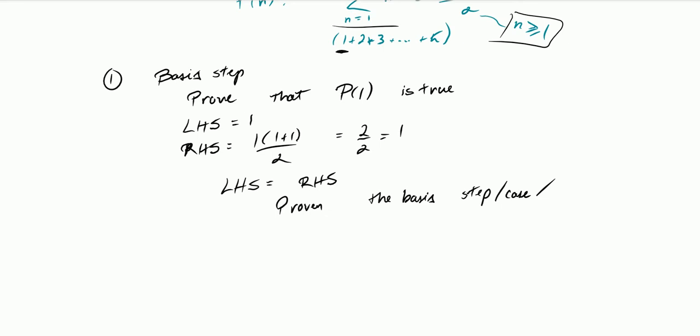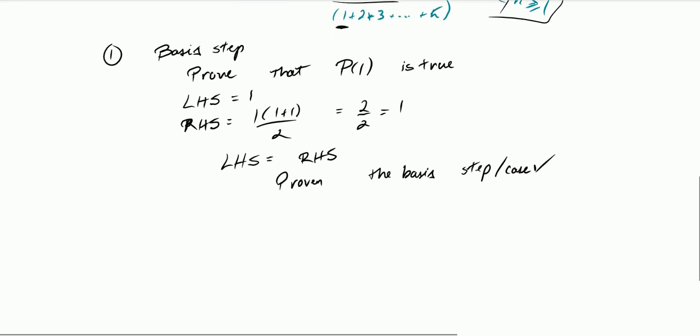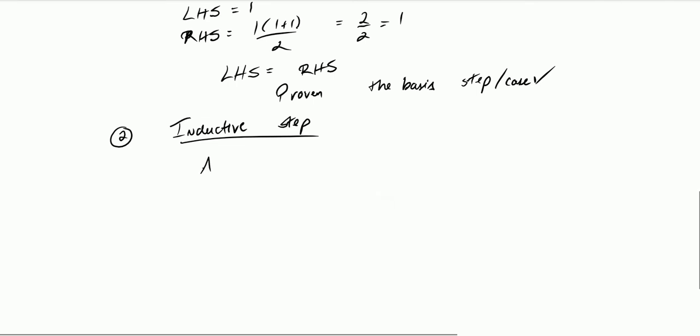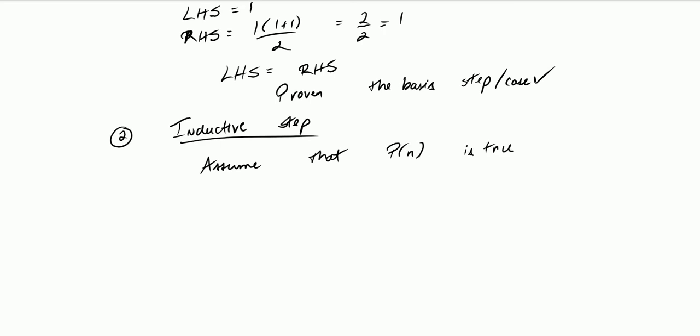Okay, that's supposed to be a tick. There we go. Now the inductive step is a bit trickier than the basis step. In the inductive step, I assume that Pn is true. In other words, that sigma n equals 1 to k of n is equal to k times k plus 1 over 2.